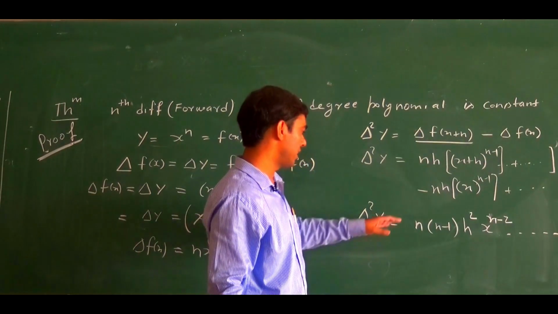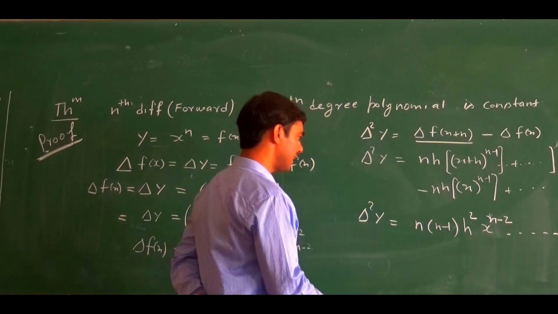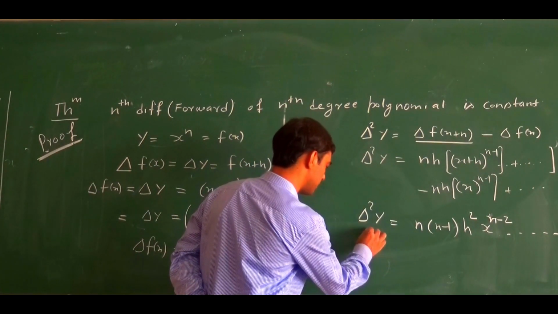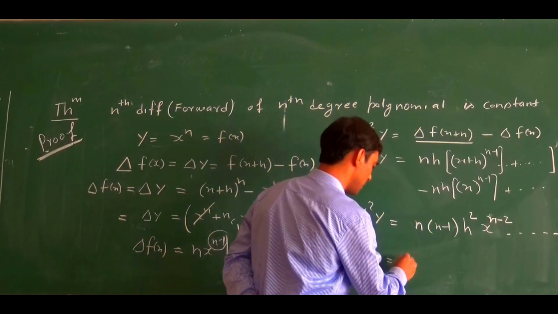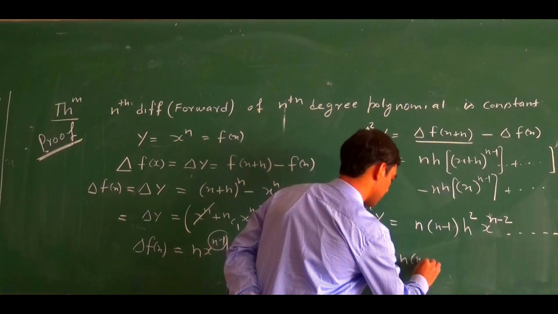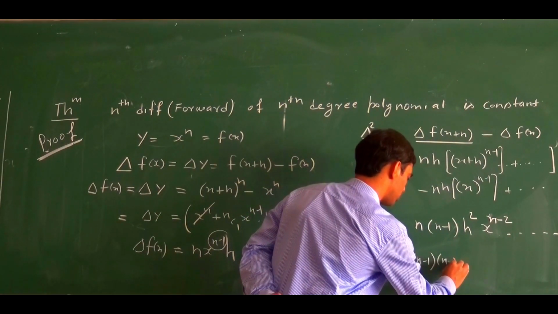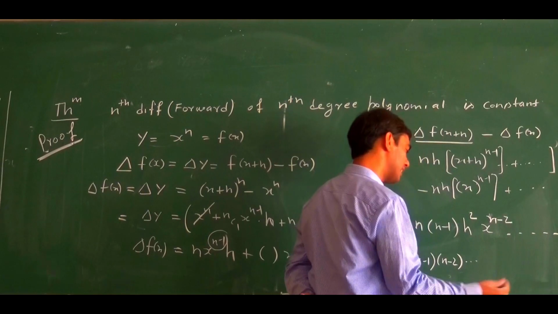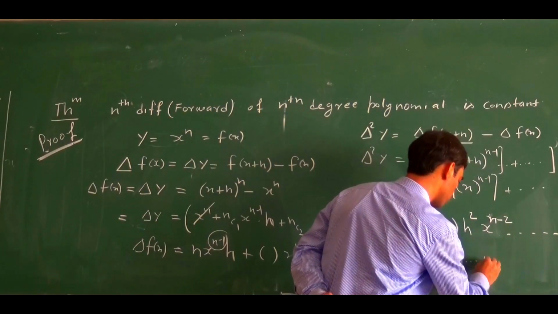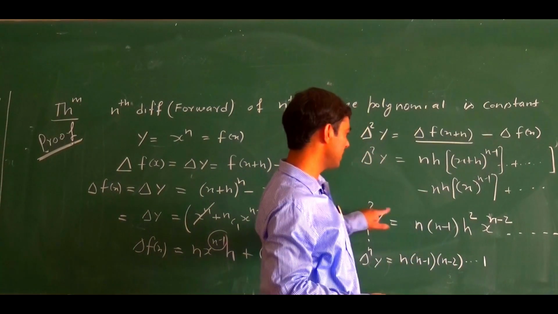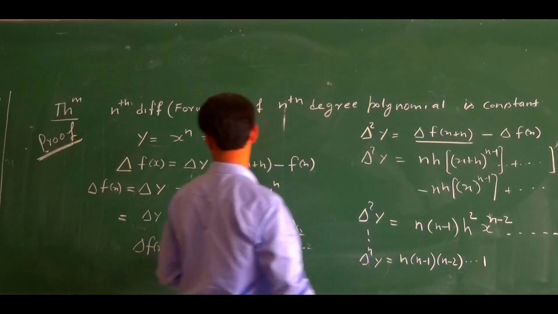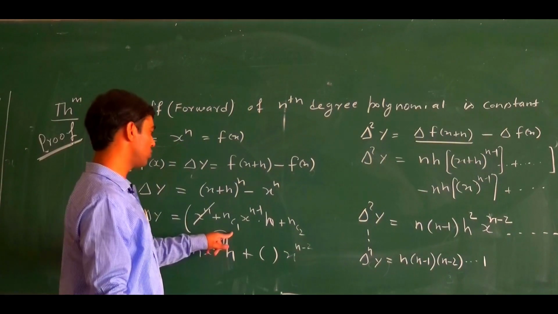In a similar manner, what is the nth difference? Nth difference del ny equals n, n minus 1, n minus 2 up to 1. And here, if this one is 2, then this is h squared. If this one is 1, then this is h to the power 1.